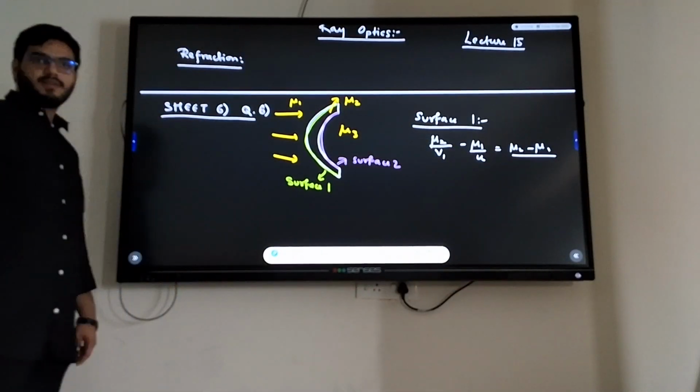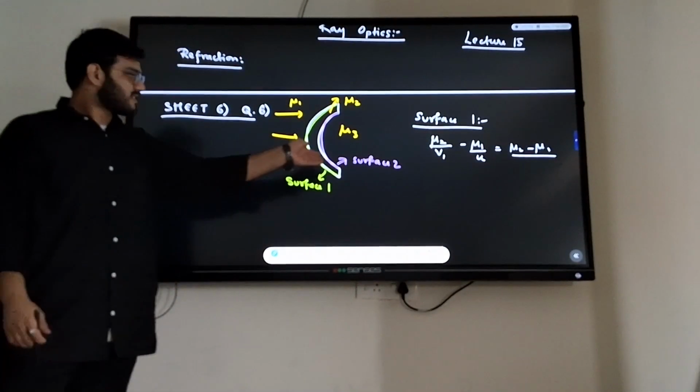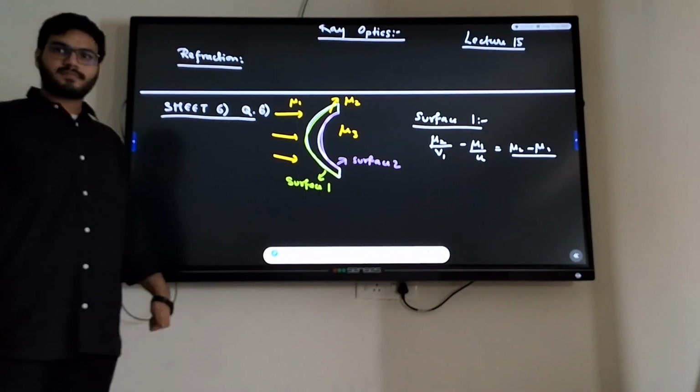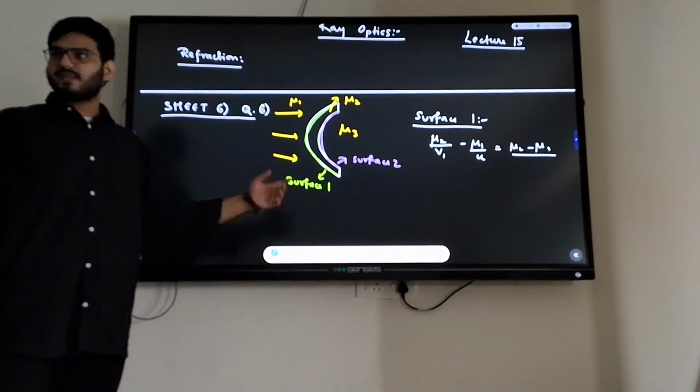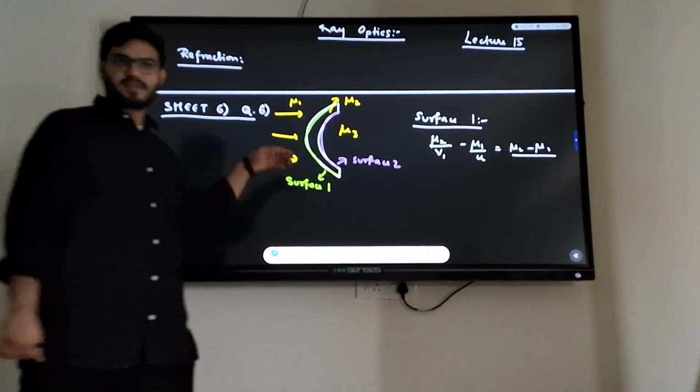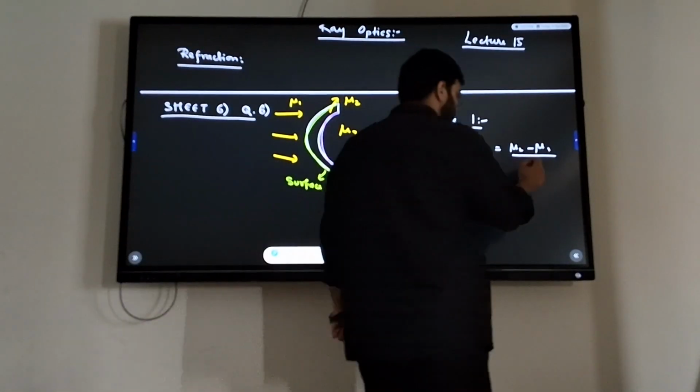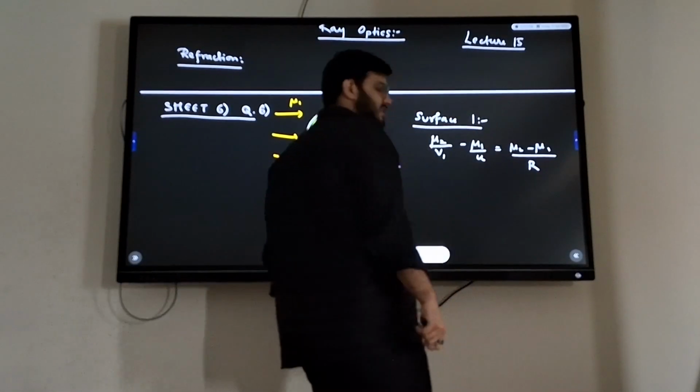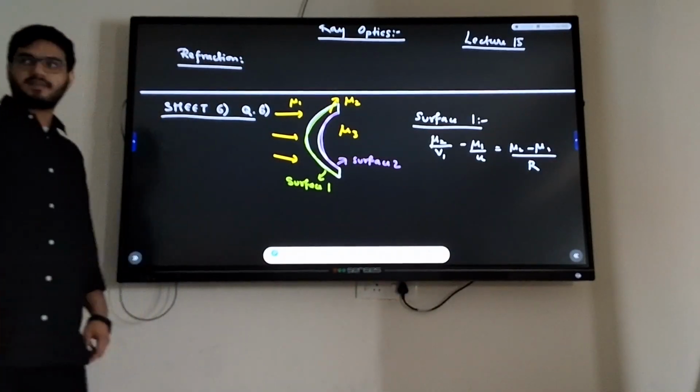What do you think? Surface is like this. It's positive, right? So plus R. This is the relation between V1, U and R.